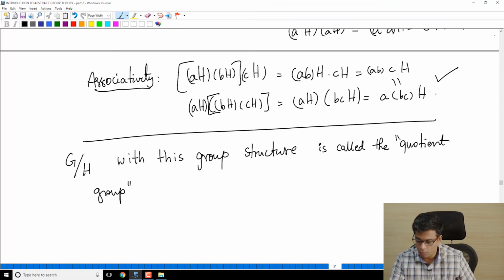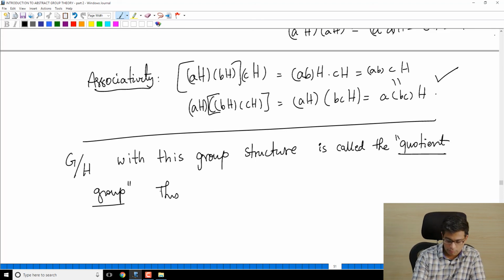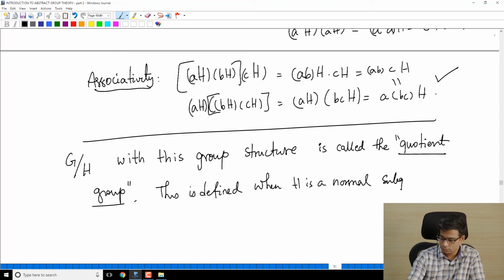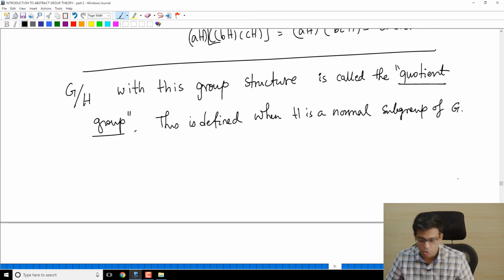Okay, so the quotient group is defined only when H is a normal subgroup. Okay, and quotient groups come with an important homomorphism.